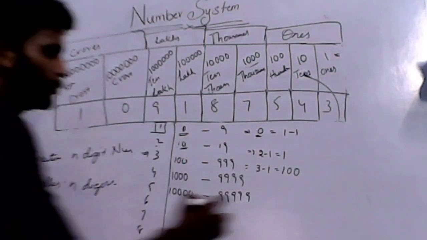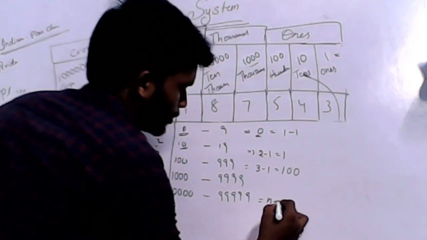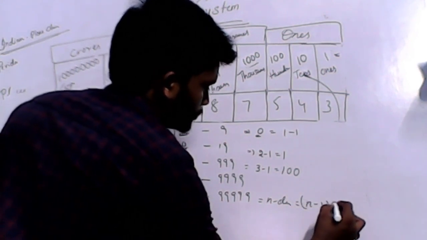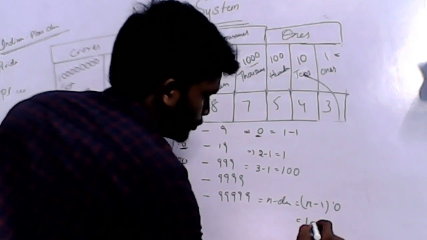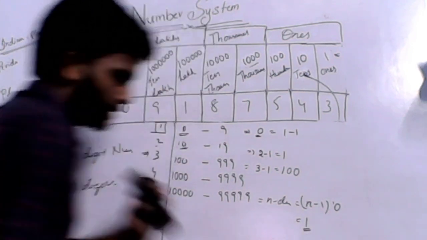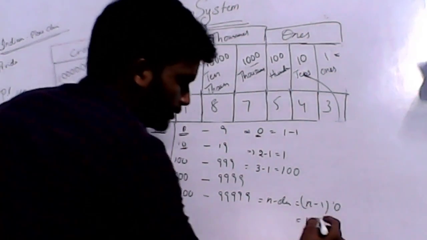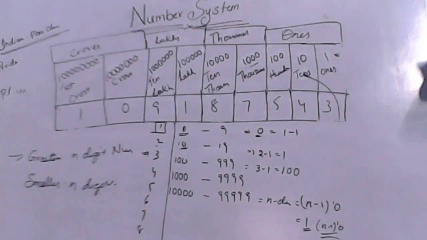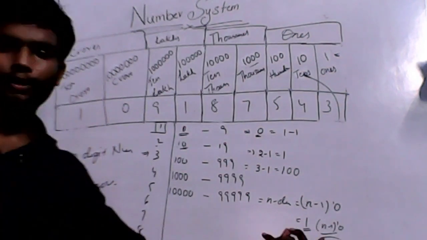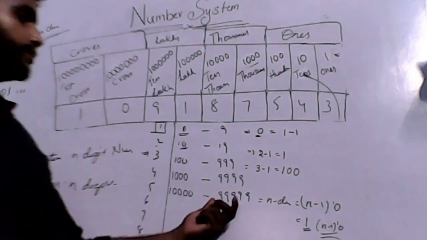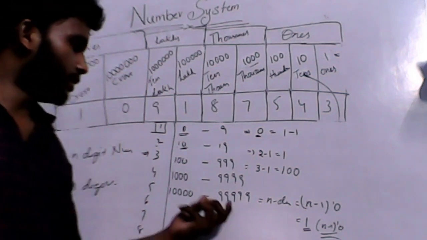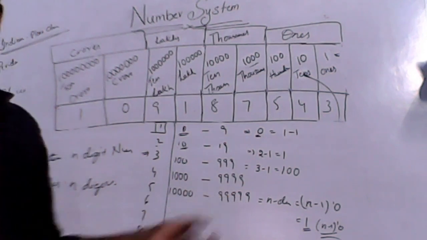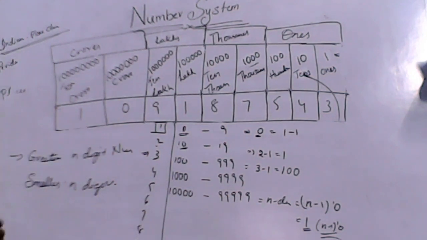Like this we can say the n digit smallest number is nothing but n minus 1 zeros with 1 placed as the leftmost digit. So 1 in the leftmost position and n minus 1 zeros on the right side of that one. By this we can form the smallest number. To form the greatest number, we have to place n nines in that particular place. Okay.